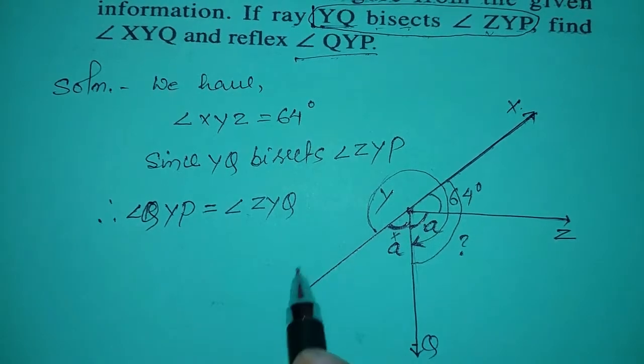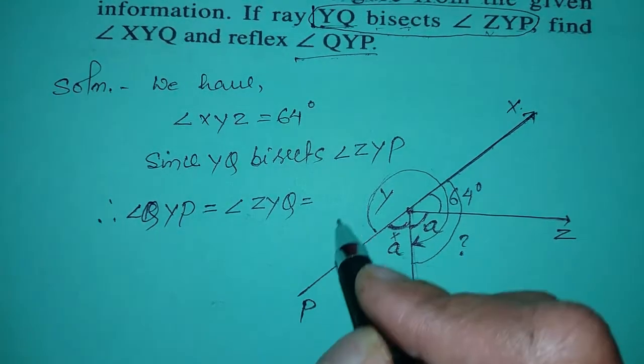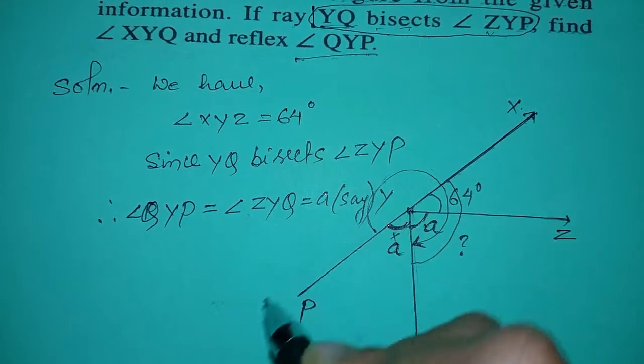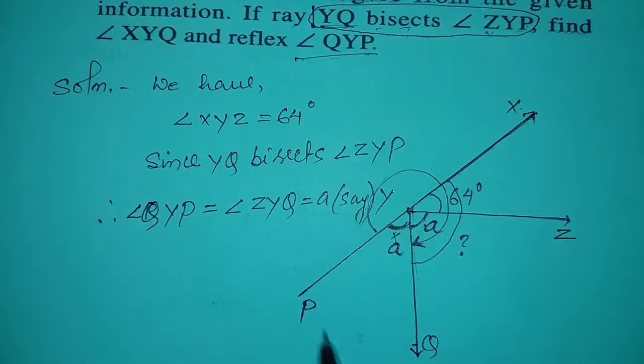And if one of them is A, then the other one will be also A. So let's say both of these are equal to A.